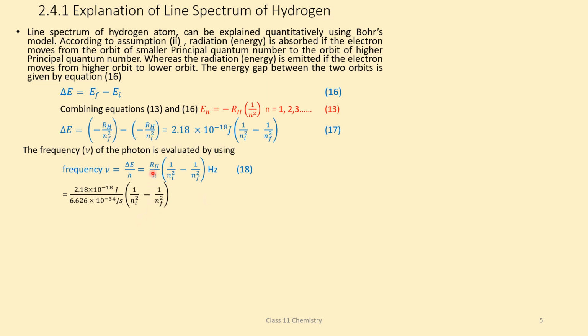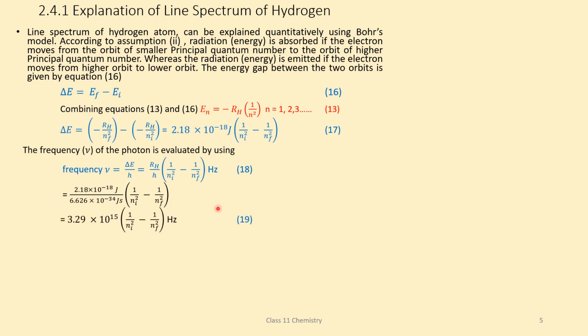So substituting the numerical values of Rydberg constant R H and Planck's constant, we get 2.18 into 10 to the power of minus 18 joules divided by 6.626 into 10 to the power of minus 34 joule seconds into 1 over n i square minus 1 over n f square.